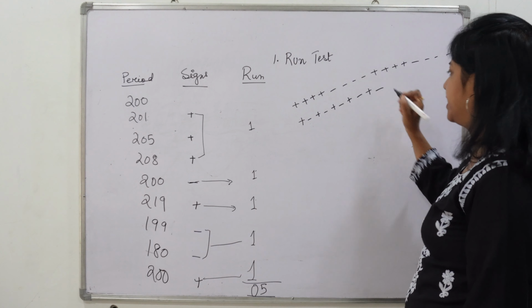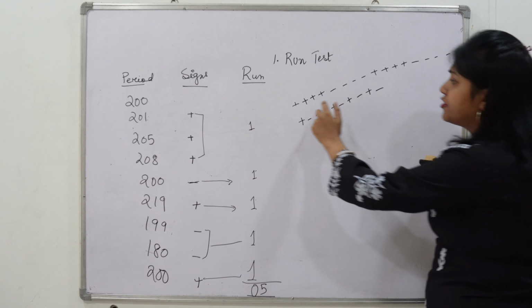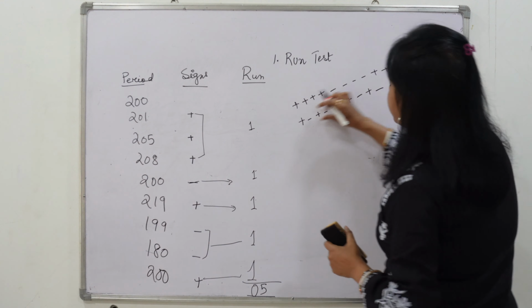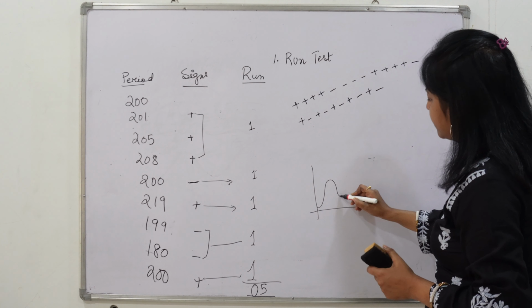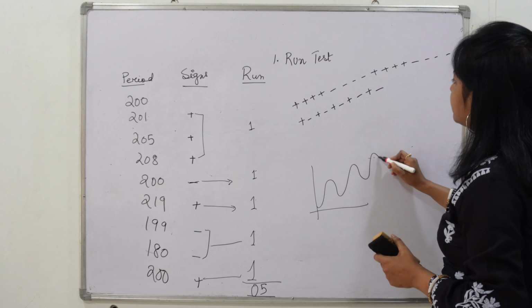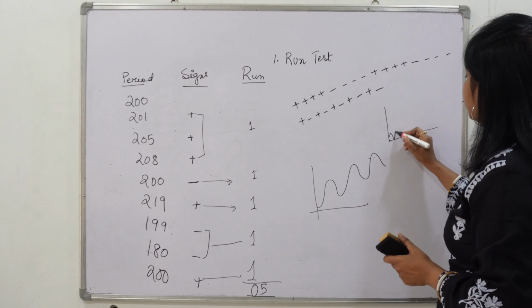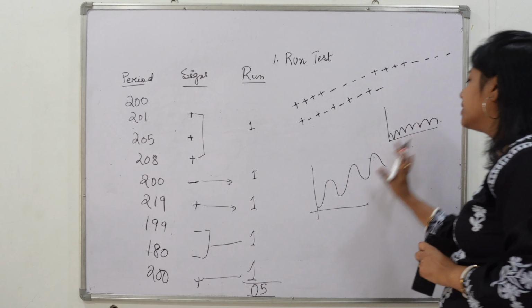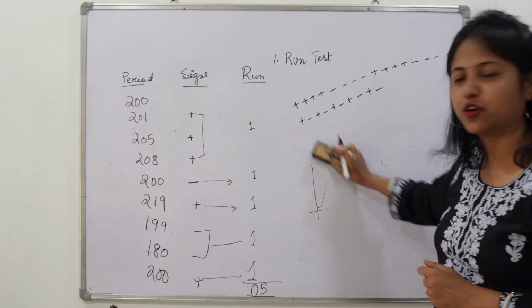What will be next? Minus. So these two have a pattern, but what is the difference between these two? This has a pattern, this also has a pattern. The first one goes like this, like this, like this. But the second one is more volatile, plus minus. But anyway, there is a pattern, we can see, and it's not random for sure.